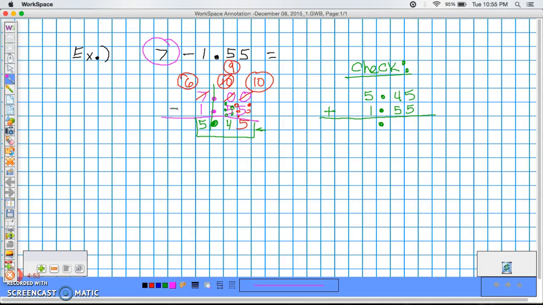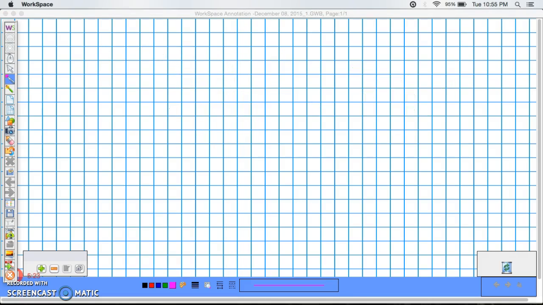So we're going to add 5 plus 5. We know that's 10. Carry the 1. 5, 6, 7, 8, 9, 10. 0. Carry the 1. Circle it. 5 plus 1 is 6. Plus 1 is 7. There's my answer, 7. If this 7 matches the top, yes it does. We did it correct. Again, always make sure that your decimal points are lined up and you fill in any empty spaces with zeros.